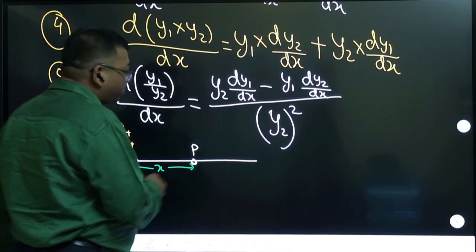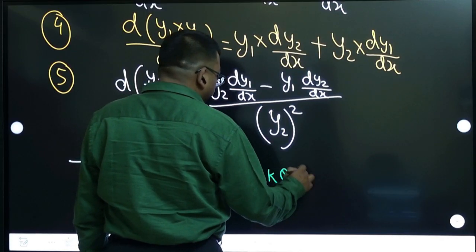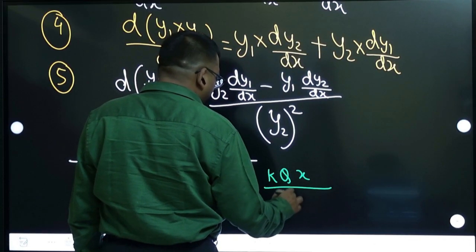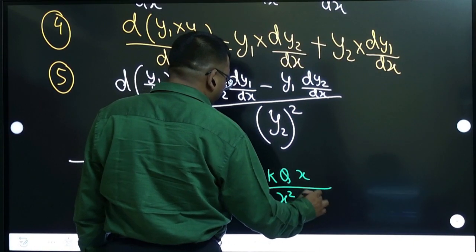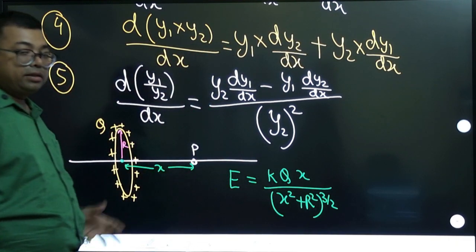Now the formula for electric field is E equals kqx by (x square plus R square) power 3 by 2. So E is nothing but the electric field.